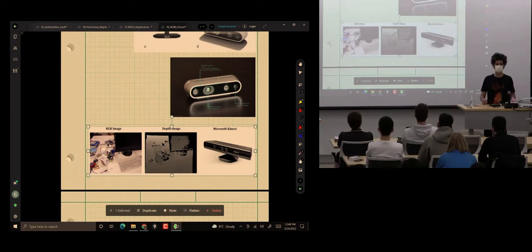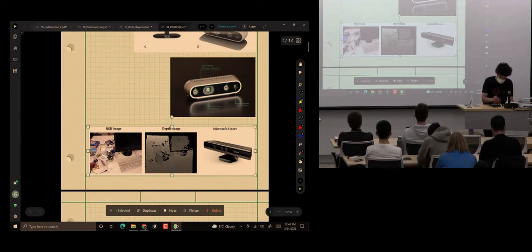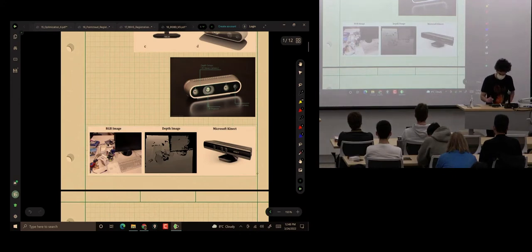Because if it's not calibrated, that projection will be inaccurate. Then the model won't capture what we see in reality as good as we hope. So the camera gives RGB and depth images.